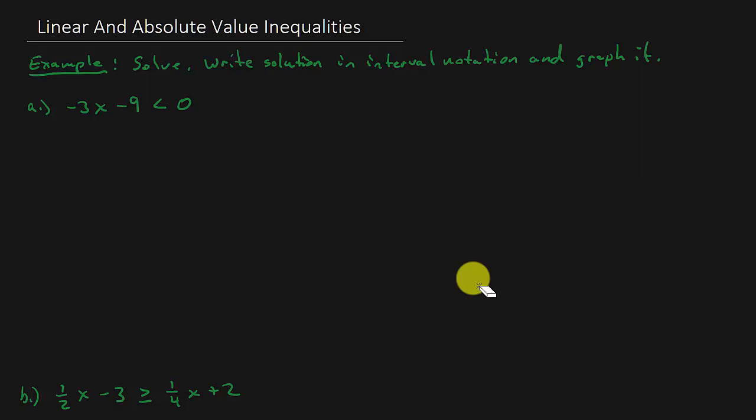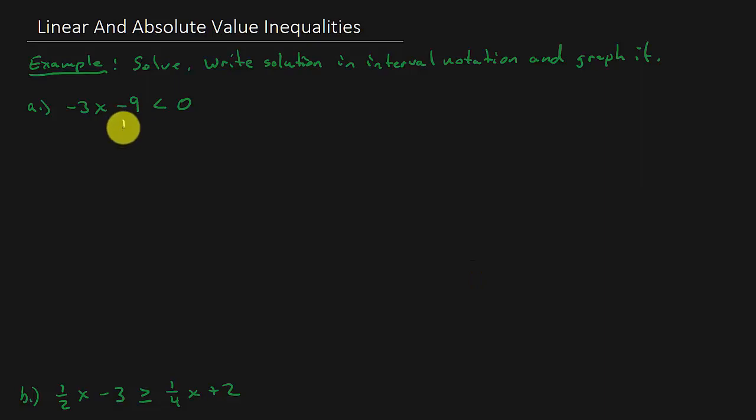The difference is if you multiply or divide both sides of the inequality by a negative number, you have to reverse the inequality symbol. Okay? So let's just go ahead and get started.